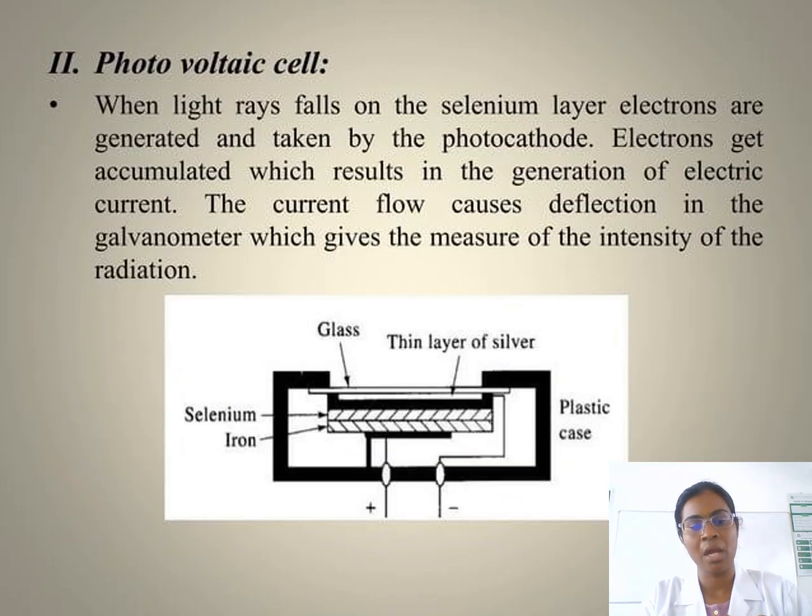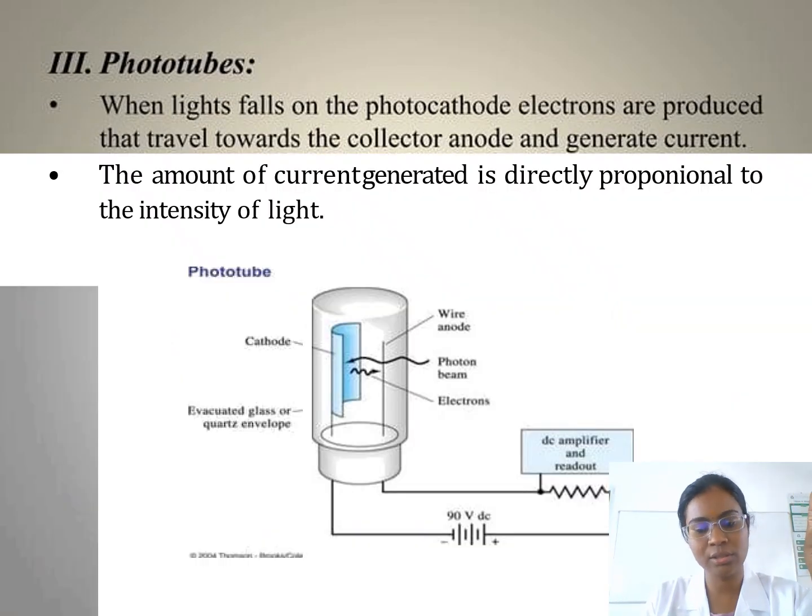Then the photovoltaic cell: when light falls on the selenium layer, electrons are generated and collected by the collector plate. The electrons accumulate, which results in the generation of an electric current. This current flow causes deflection in the galvanometer, which gives the intensity of the radiation. This is also one type of detector.